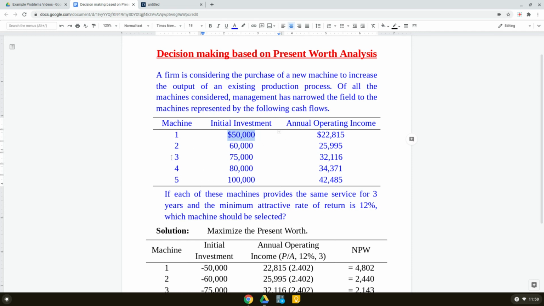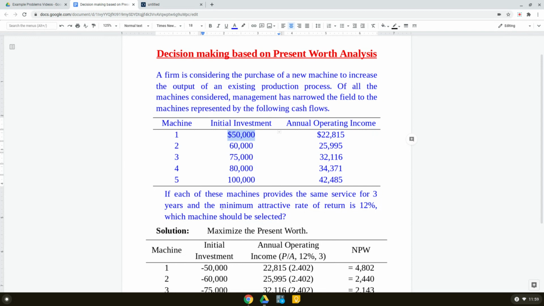And now our job is to choose. If I read this further so you understand: if each of these machines provides the same service for 3 years and the minimum attractive rate of return is 12%, which machine should be selected? Okay, very interesting.